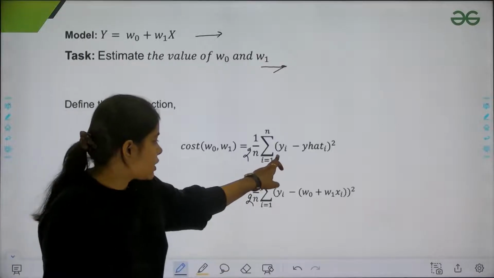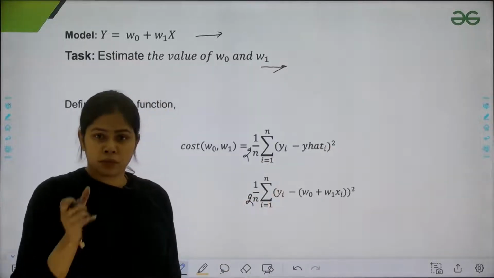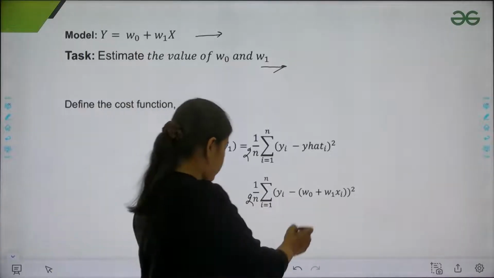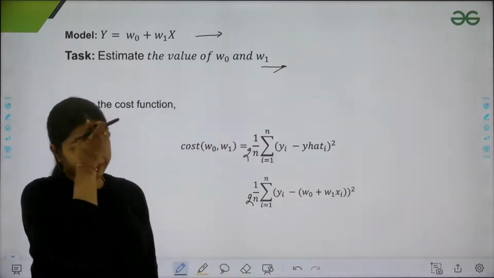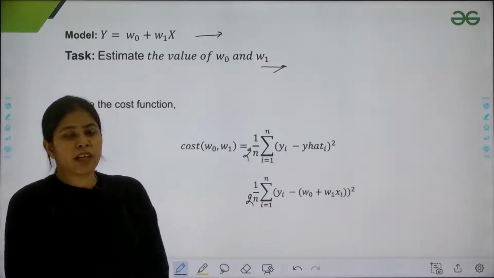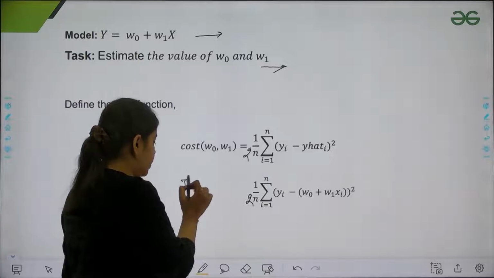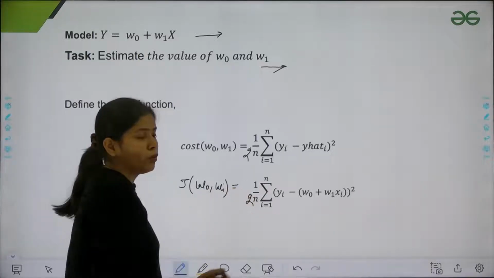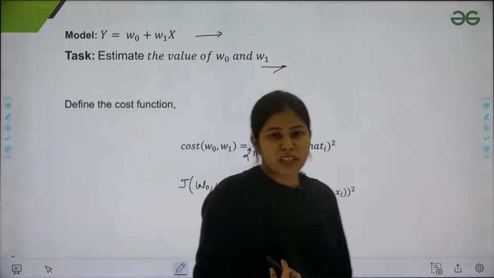So this is the sum of (yi minus y hat) squared, where y hat is w0 plus w1 xi. That is my model. Guys, in this cost function, does anybody have any problem? I can write it as J(w0, w1), and my goal is to find w0 and w1 so that I get the best fit line.